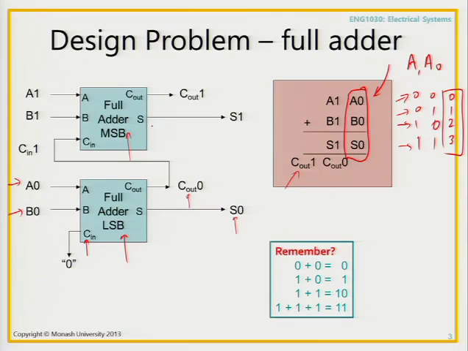This first adder adds the bits A0 and B0 to give S0 and also gives you carry out, which goes into another identical module where the carry out is connected to the carry in of the next module. Then the adder will add bits A1 and B1 and the carry out from the previous stage to give me another output, carry out 1 and S1 here.